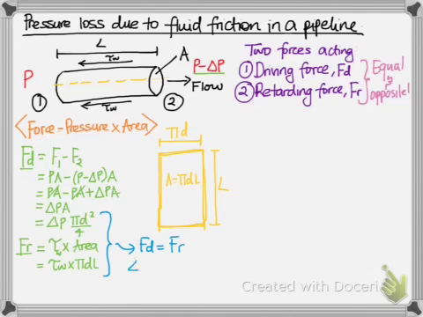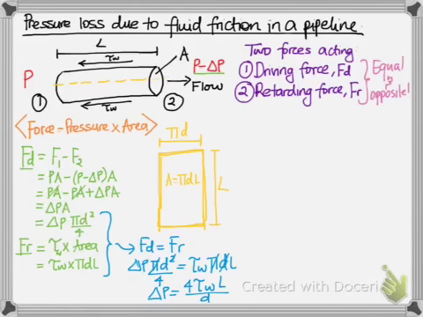Therefore, delta P times pi d squared over 4 is equal to tau w times pi dL. We can cancel a few things there: pi on both sides, a d on both sides. Rearranging the equation and making delta P the subject of the formula, we are left with delta P equals 4 tau w L all over d.